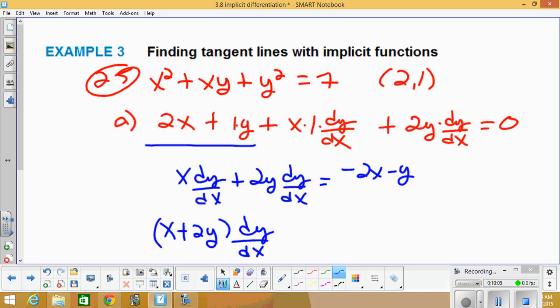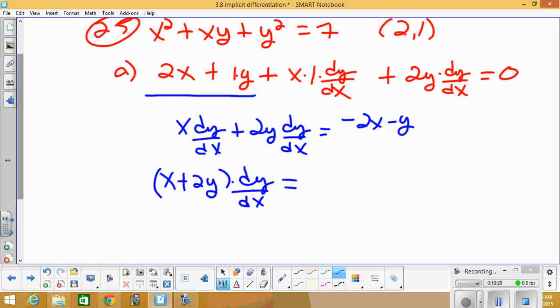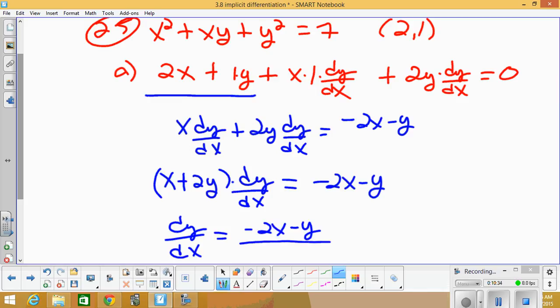And notice I know the dy dx is what's in common, but I'm putting that as the second factor, after what I've factored out, because I want to leave that dy dx on that side. So from here, I'm going to divide both sides by the quantity x plus 2y, and I'm left with dy dx is equal to negative 2x minus y over x plus 2y.